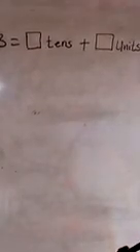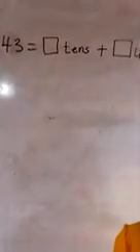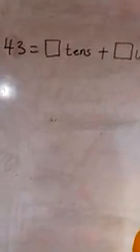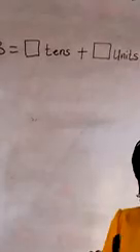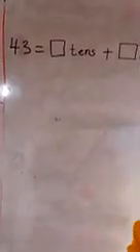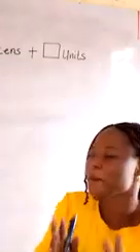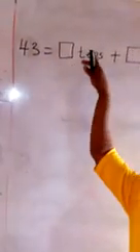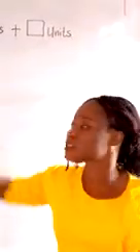What are you going to do in this one? What you are really going to do here is that you have your 43. Everybody say that. 43. Then your 43 now, you know, you call 40 first before your 3. Now your 40 means that it's going to stand under tens. It's going to stand under what? Tens.